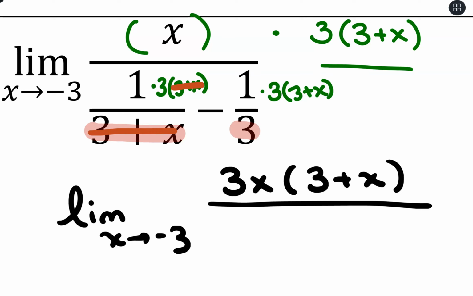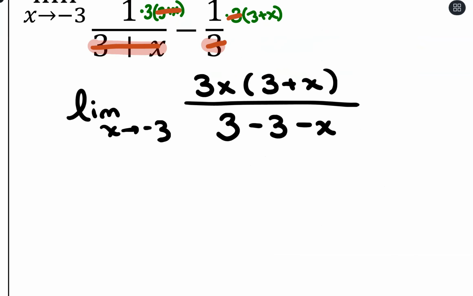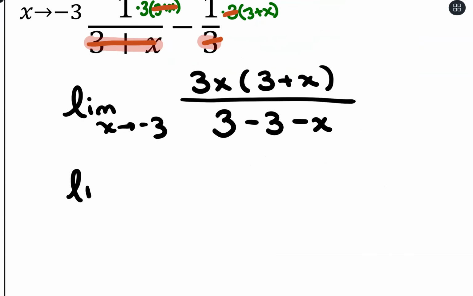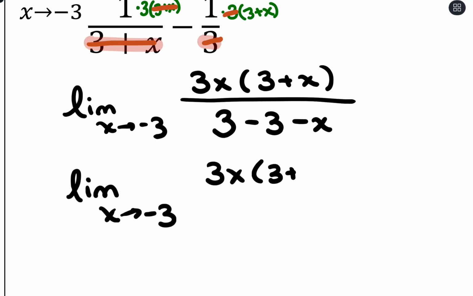So first we'll just have a 1 times 3, which is 3. And then over here we'll have a -1 times 3 plus x. So we'll have a -3 minus x. And we'll go ahead and keep simplifying. So that'll be 3x times 3 plus x. Again, just keeping that factored in case things simplify more. So that'll be a -x down there. We'll get nice cancellations of x's, but we still have this negative hanging out.